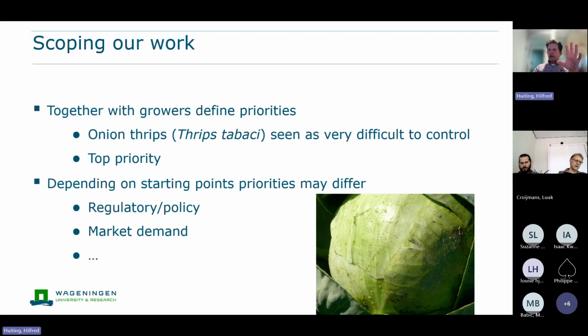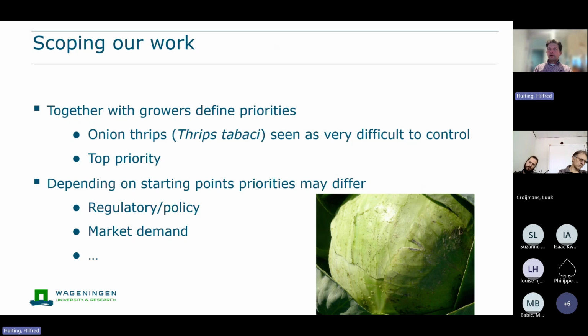And obviously, that is a prioritization based on the current situation, because currently conventional growers say, well, we have insecticides and fungicides and any pesticide for certain situations, and then for some we don't. In this case, thrips.